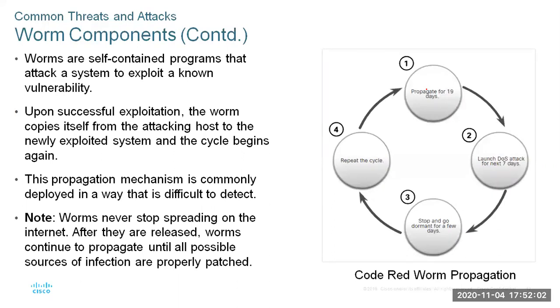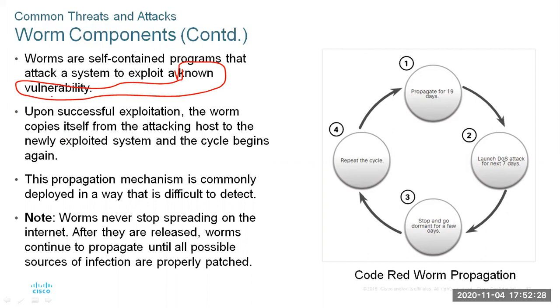So worms are self-contained programs that attack a system to exploit a known vulnerability. All right, so you see, this known vulnerability is very, very important. That is usually the source. It's your weakness, the weakness in your network, the weakness in your system and things like that.